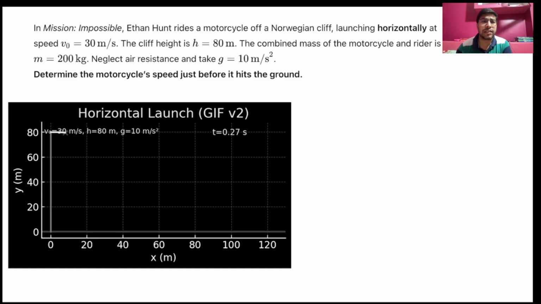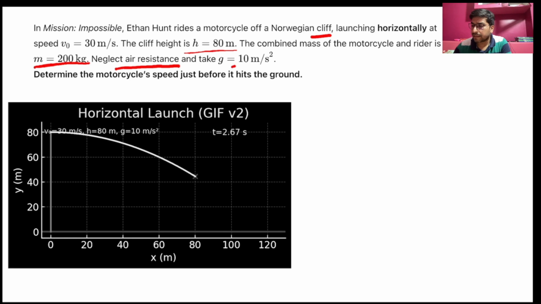So here the question is what? In Mission Impossible, Ethan Hunt rides a motorcycle off a Norwegian cliff, and he launches his motorcycle horizontally from a height of 80 meters. The combined mass of motorcycle and rider is 200 kg, and we have to neglect air friction, right?